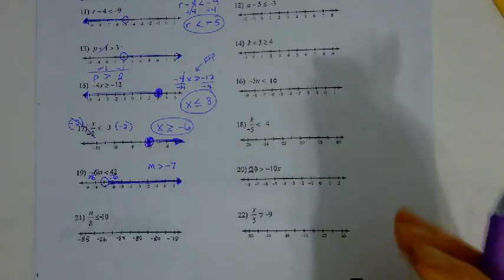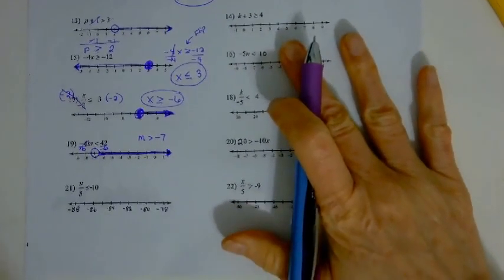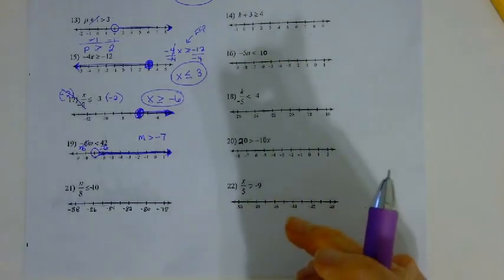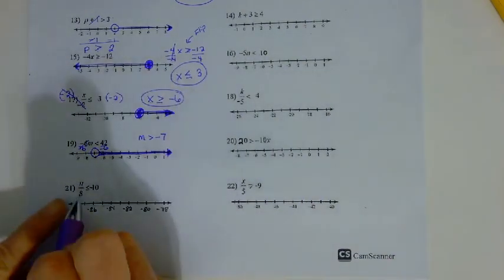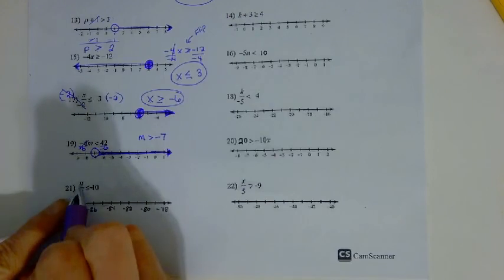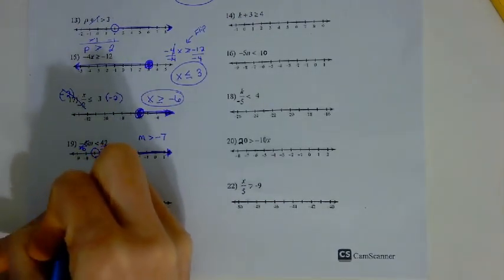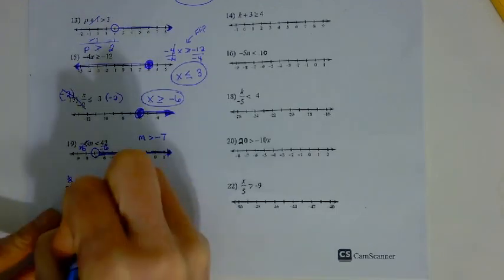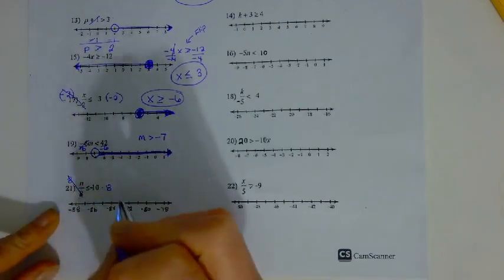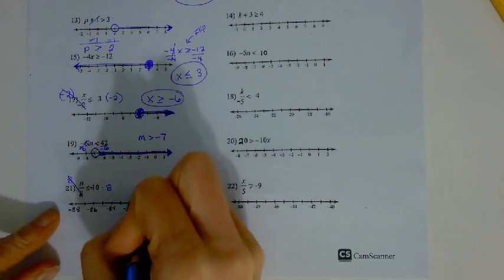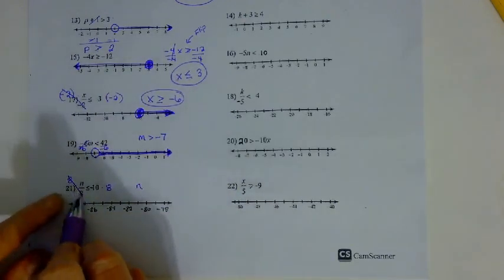Okay, last one on this side, 21. We're going to need to get n by itself. It's being divided by 8. So I'm going to multiply this side by 8 to get rid of that 8. And I'm going to multiply this side by 8. So we have n over here. Now we multiplied by a positive, so we don't have to flip the sign.